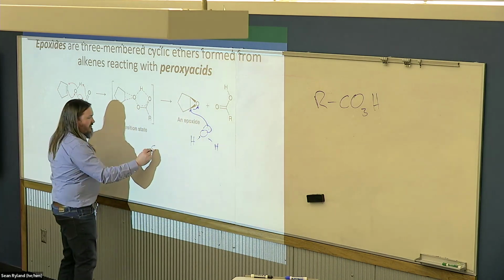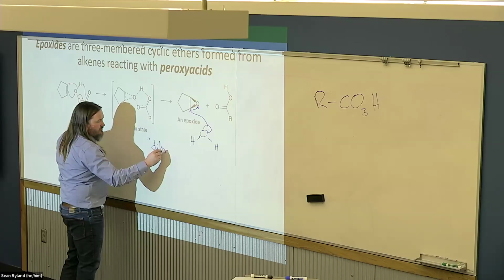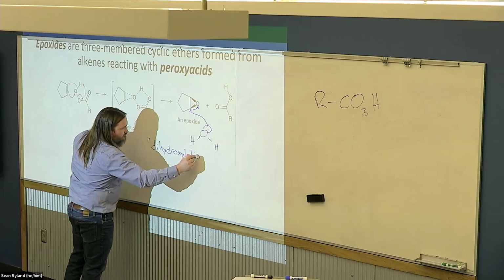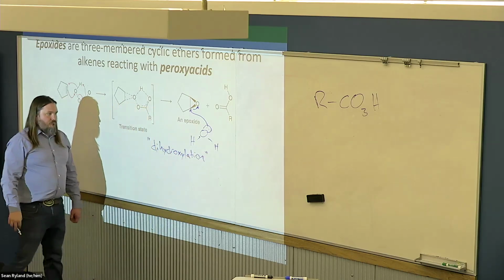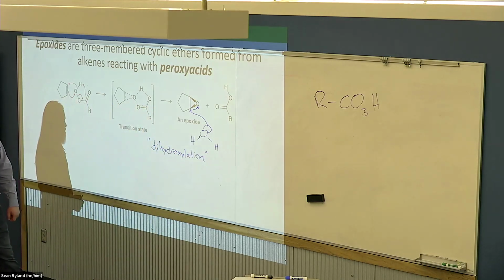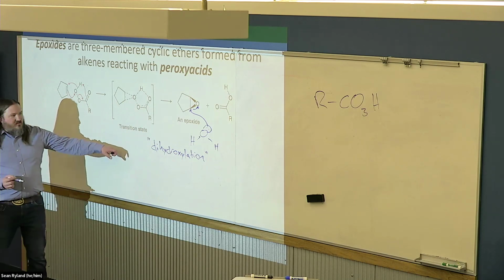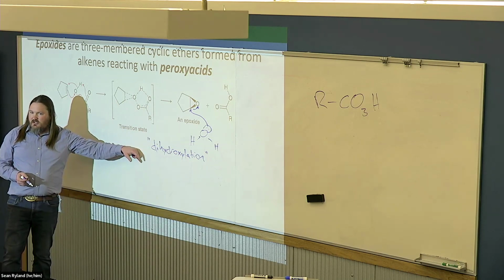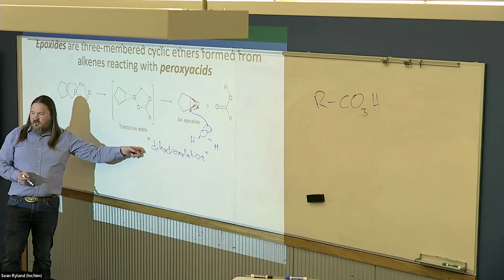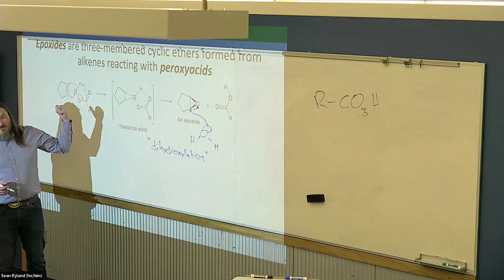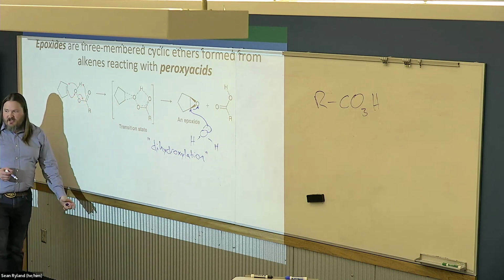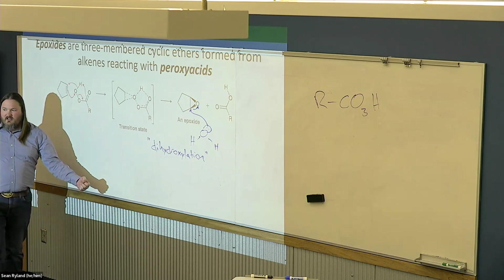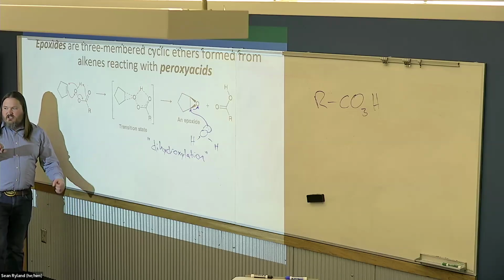So this is also called a dihydroxylation. A hydroxyl group is an OH group, it's another word for an alcohol. So in dihydroxylation, the net result is we broke a pi bond and we put an OH on both sides, instead of a hydration where we put an oxygen on one side and just a hydrogen on the other. A dihydroxylation adds an OH to each side.